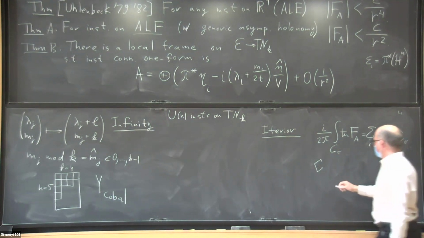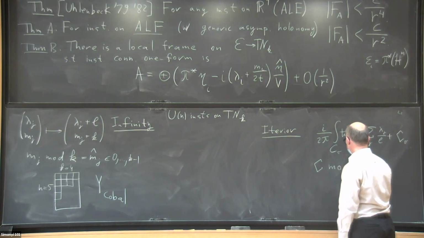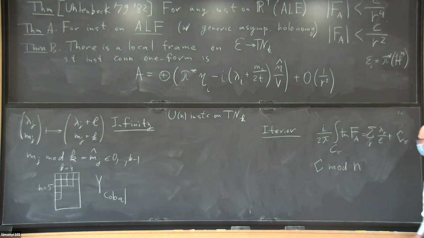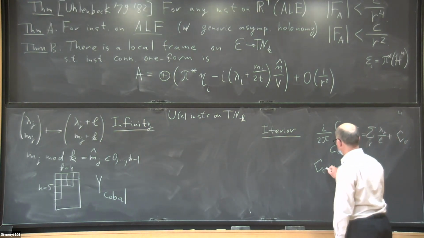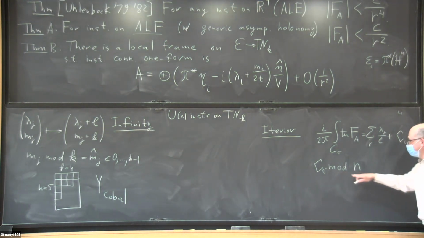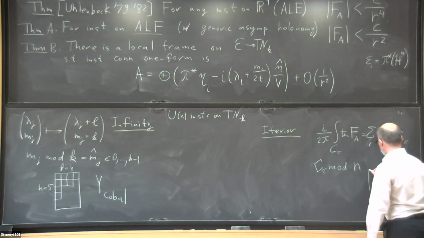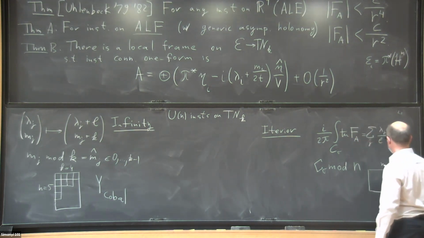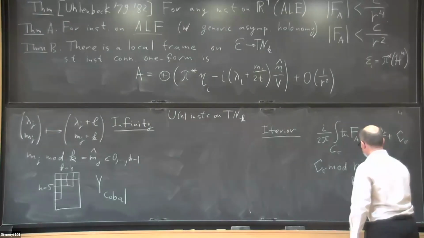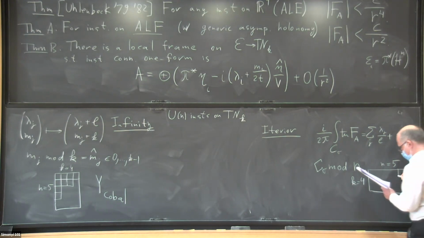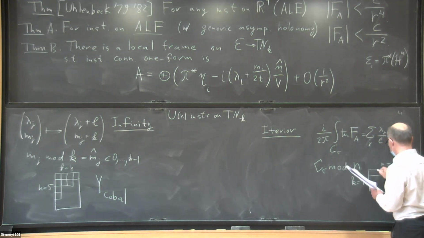So let's order them. If you look at the sigmas mod n, they will give us k numbers, each of them between 0 and n. So now we have a Young diagram in n by k, 4, 3, 1, 1.